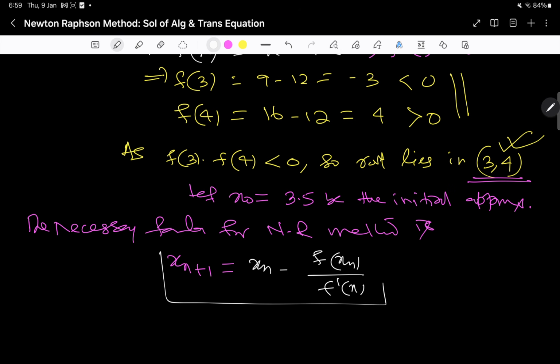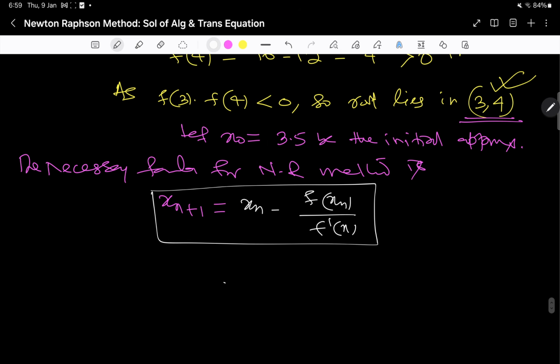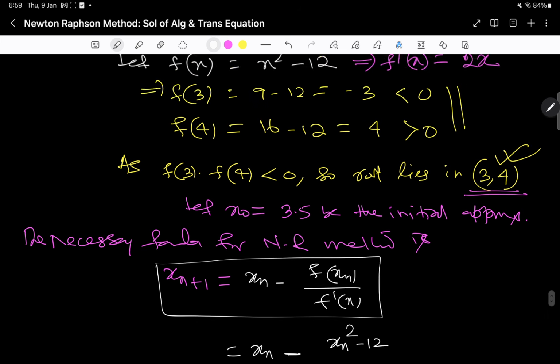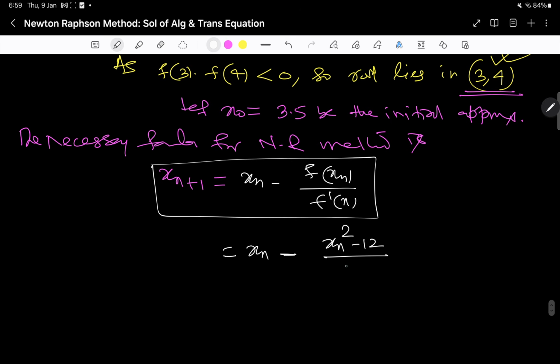So I should substitute these values now. What is xn? My f(xn) is xn square minus 12.